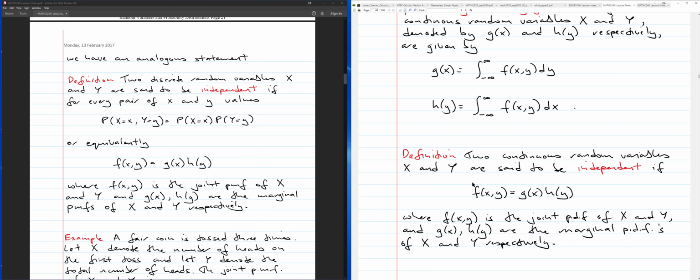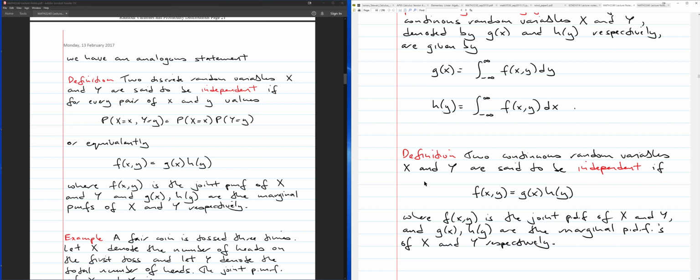If you want to check for independence, on the left hand side you have your joint density function, and on the right hand side, g of x is your marginal PDF for x, and h of y is the marginal PDF for y.